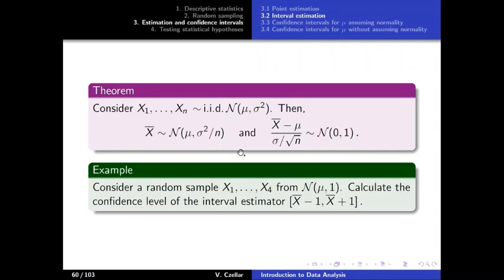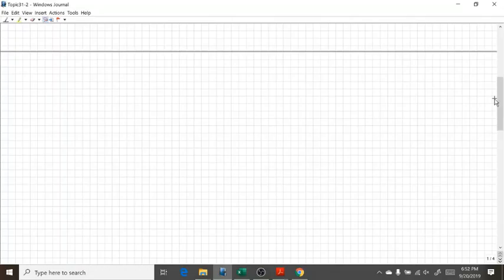Now, by using this result, I can finally calculate the confidence level of the interval estimator that I provided in the previous example. So let's calculate this confidence level for the interval estimator in the previous exercise. I would basically like to calculate the probability that mu is inside x bar plus minus 1.